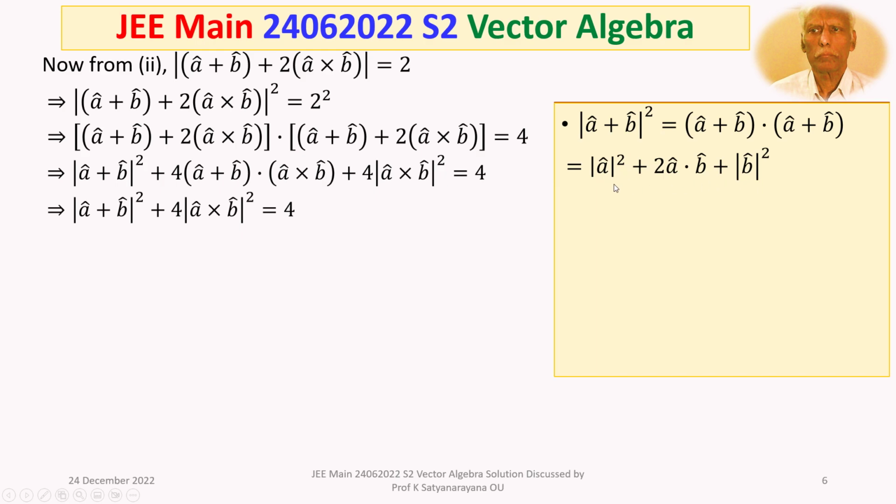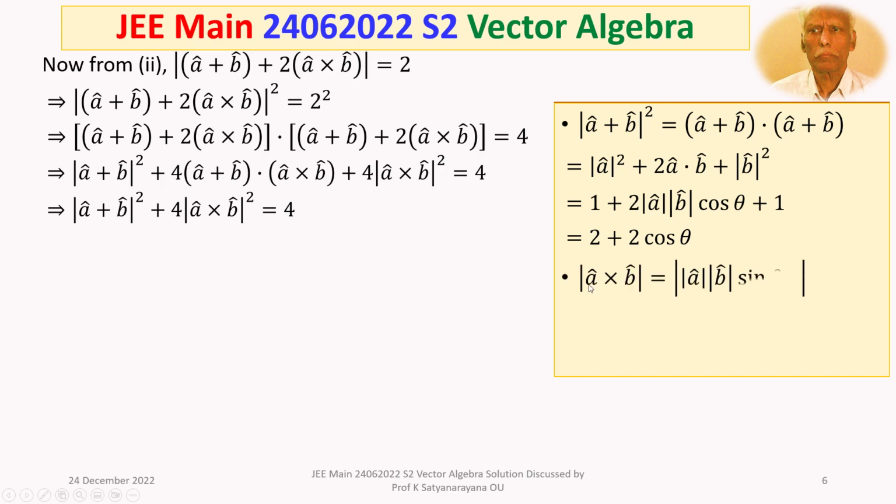These are unit vectors, therefore modulus of a is 1 and modulus of b is 1. That will be equal to 1 plus 2 into the dot product of a with b, which is modulus of a into modulus of b into cos of the angle between them, that is cos theta. So this will be equal to 2 plus 2 cos theta.